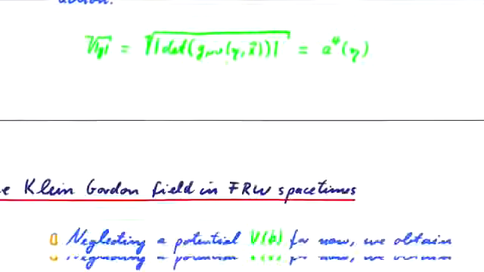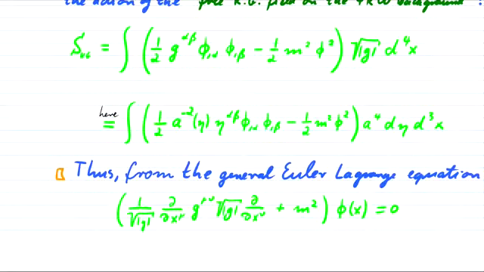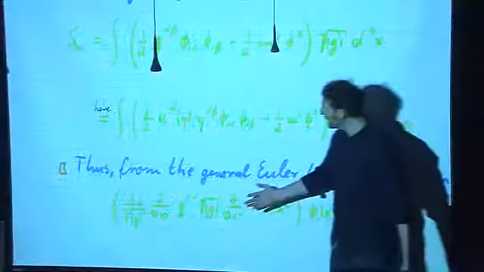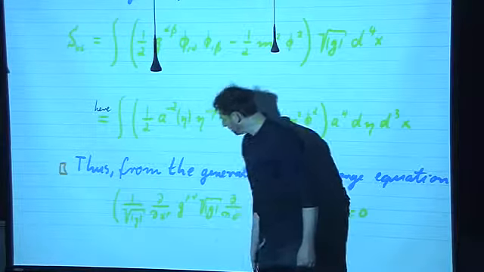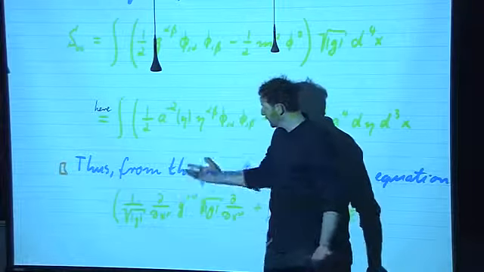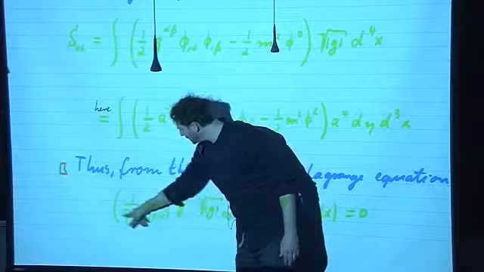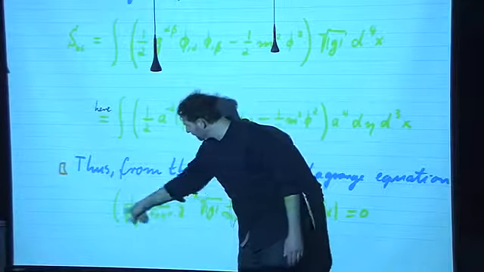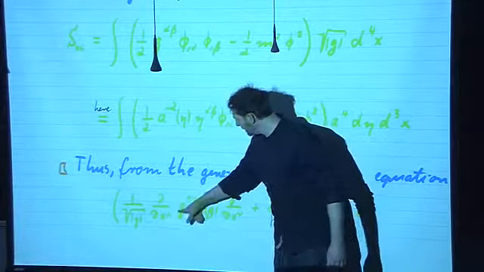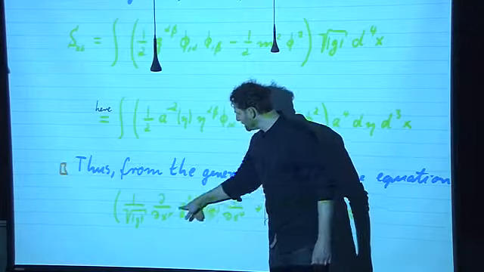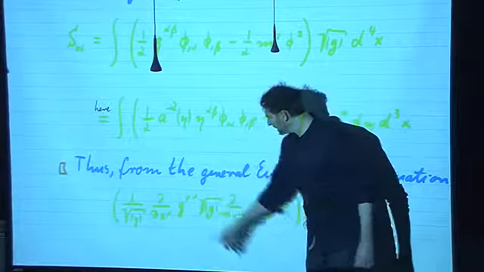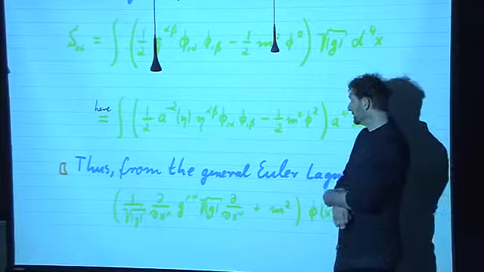All right, so that's where we were. Okay. So here we have the general Klein-Gordon equation. Now let's plug in the values that we know. This is a to the 4th power. So this is 1/a to the 4th. This is 1/a squared times the Minkowski metric.